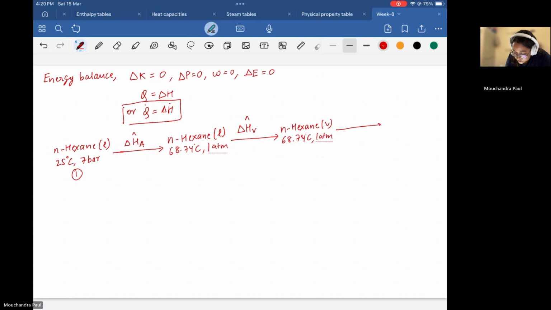And from this vapor phase, N-hexane will completely convert to vapor in Celsius 7. This change in enthalpy, let's say, is delta H.